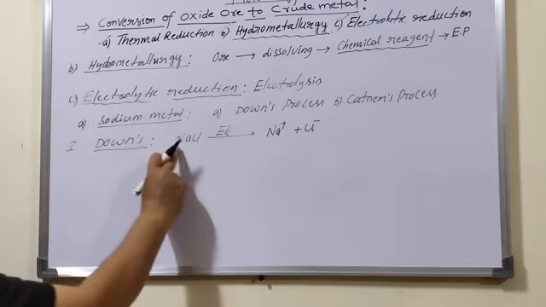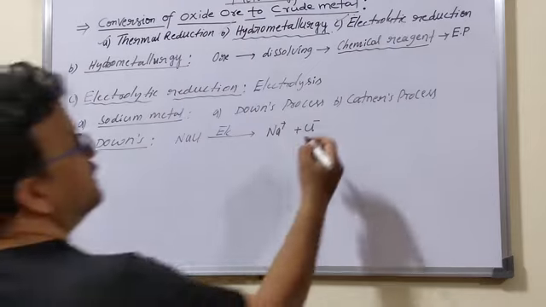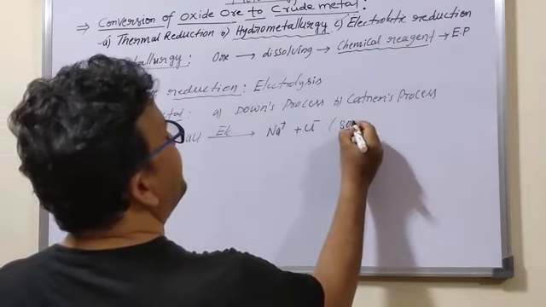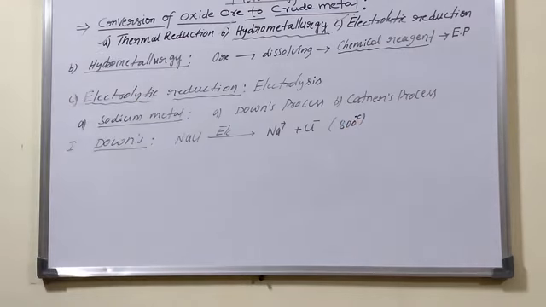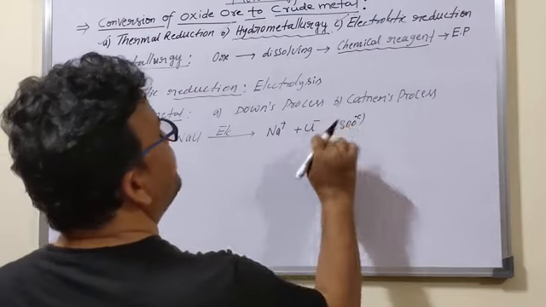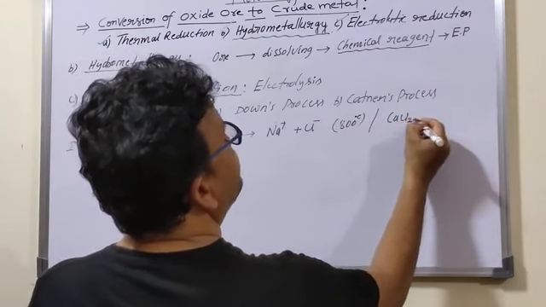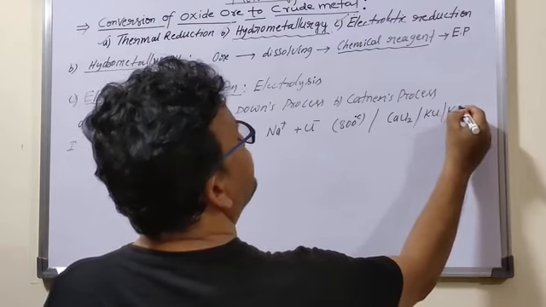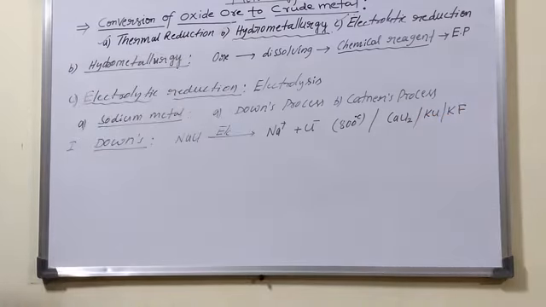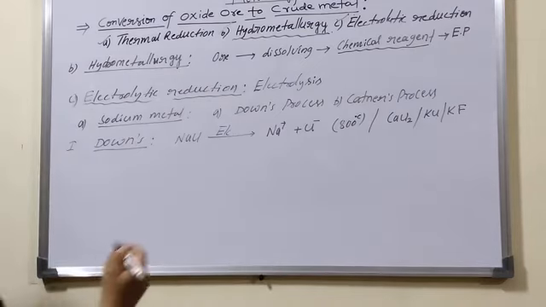Actually, the melting point of NaCl is very high, nearly 800 degrees Celsius. It is not that easy to melt it. That's why, to reduce the melting point, we add a chemical reagent, CaCl2 or KCl or KF. Any one we can add, then the melting point is reduced.